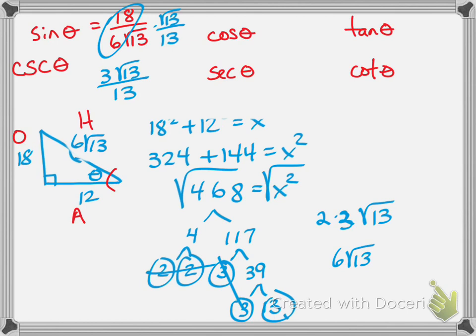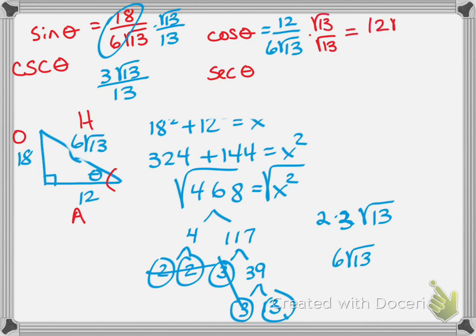I'll take more time on cosine. So cosine is adjacent over hypotenuse. Let me just scoot tangent and cotangent out of the way. We need to rationalize.